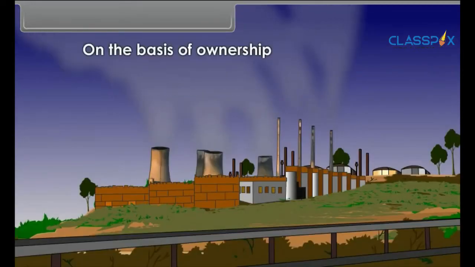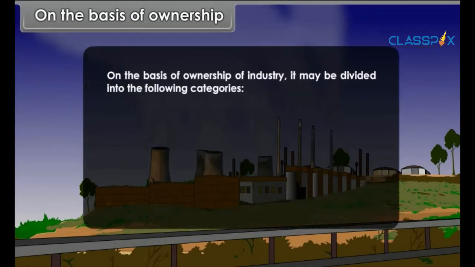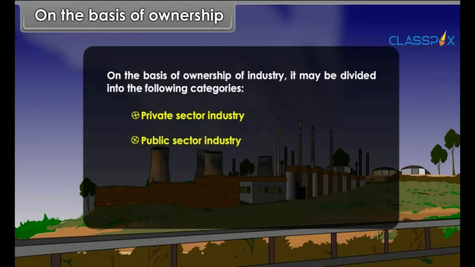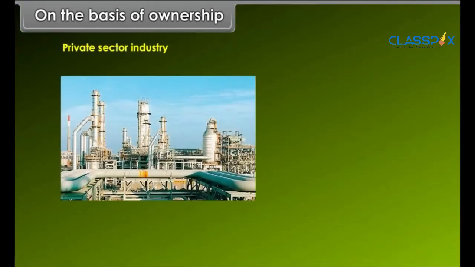On the basis of ownership. On the basis of ownership of industry, it may be divided into the following categories. Private sector industry, public sector industry, joint sector industry, cooperative sector industry. Private sector industry.